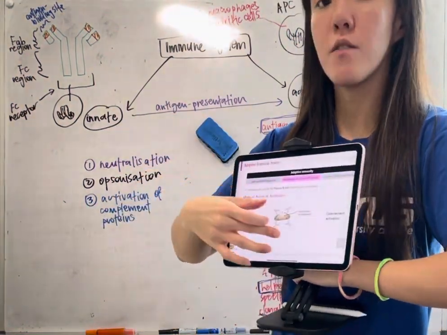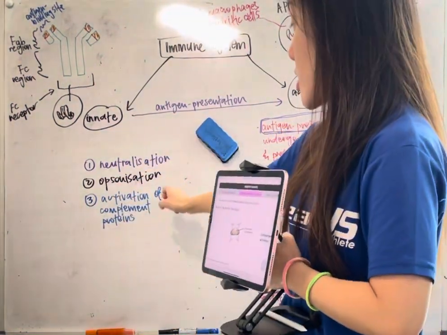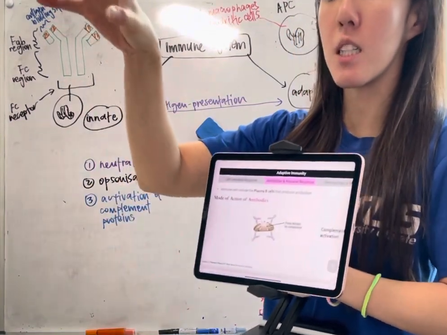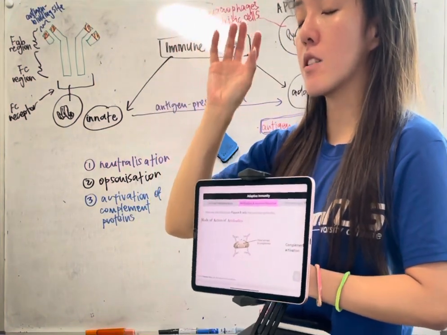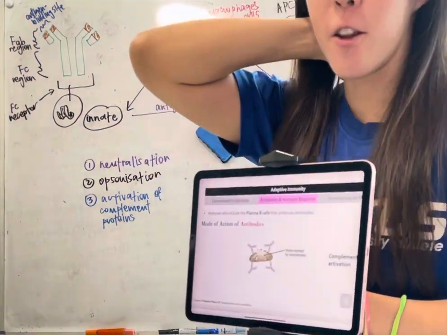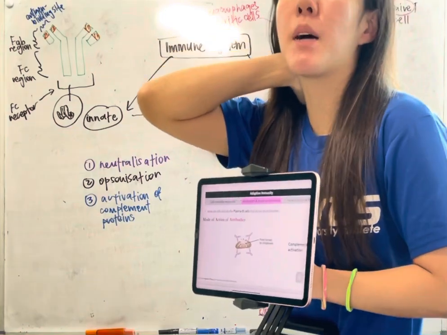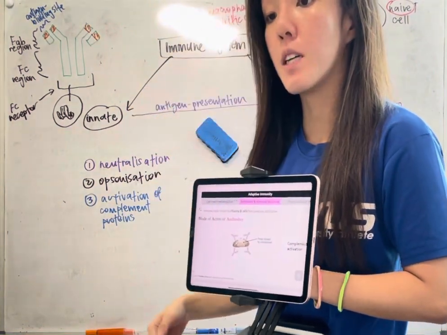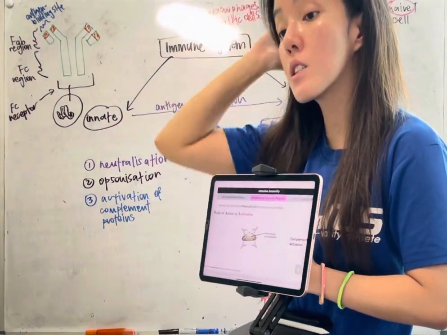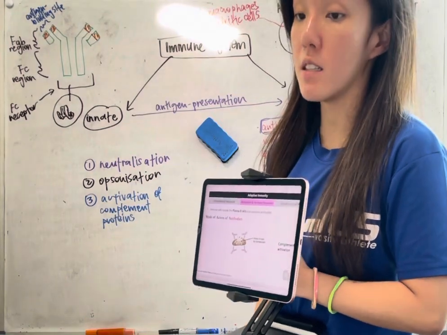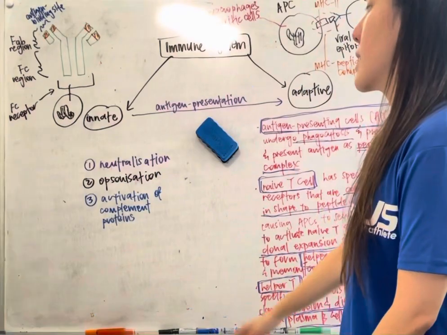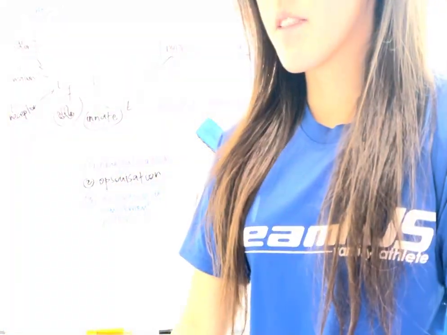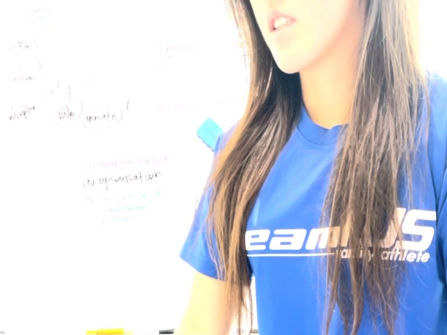So what she mentioned, if you do not know what this is, activation of complement proteins just means triggering the formation of pores in the cell surface membrane of pathogens to bring about osmotic lysis. So I repeat, it triggers formation of pores in the cell surface membrane to bring about osmotic lysis of the target cell. So it can be a bacteria cell. It's called complement activation.